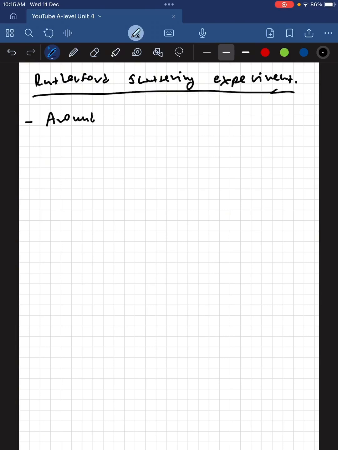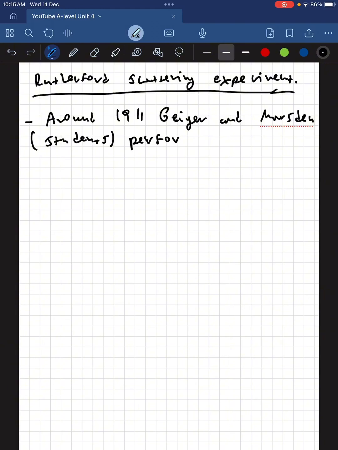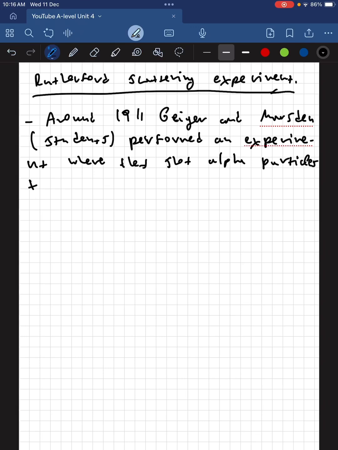So around 1911, Geiger and Marsden, who were students of Rutherford, performed an experiment where they shot alpha particles towards a thin gold foil, okay?